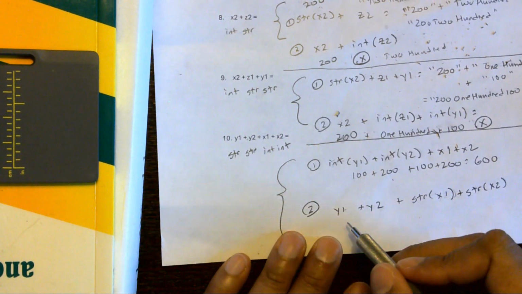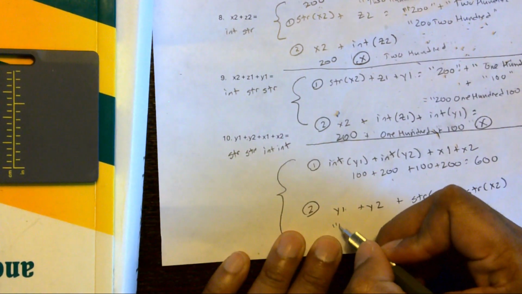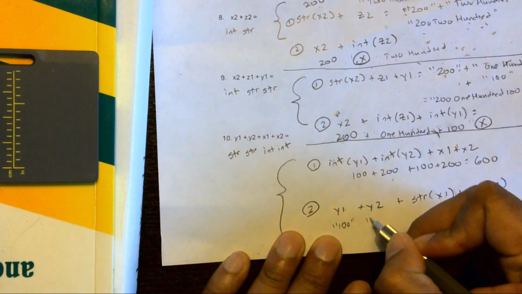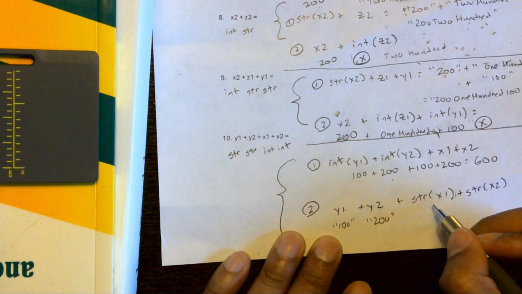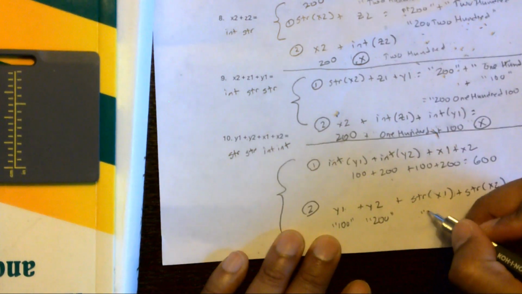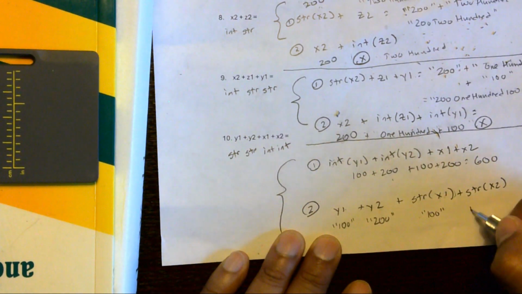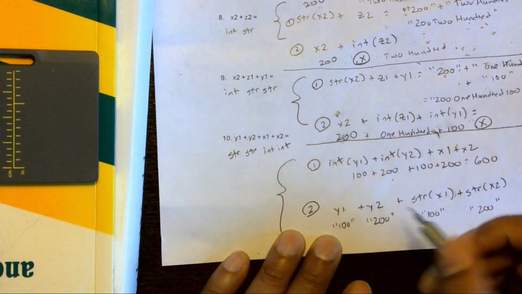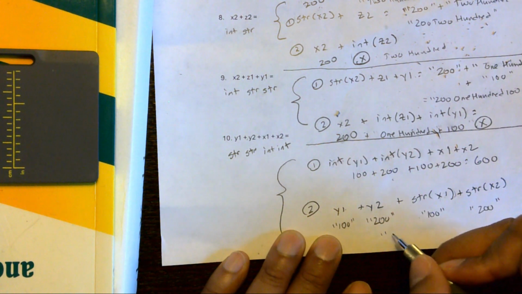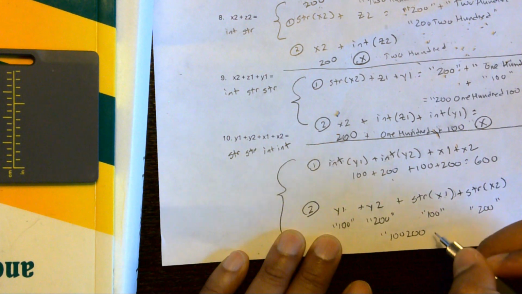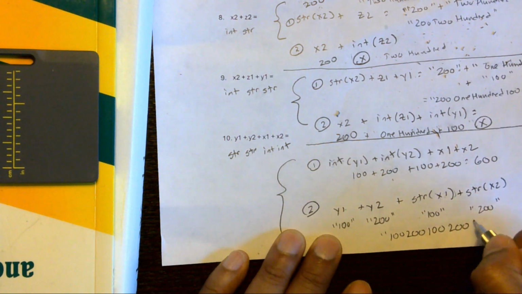What happens? You have, again, 100, 200. The string now adds quotes to the 100, and the string adds quotes to the 200. So I get the following. What do I get? I get 100, 200, 100, 200. Okay.